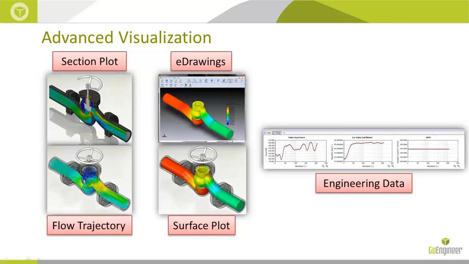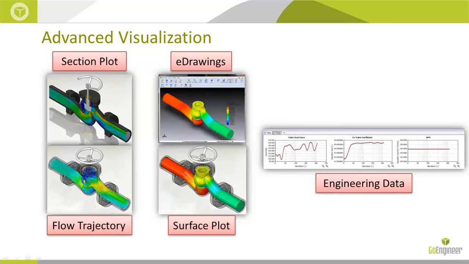As far as post-processing goes, we have quite a few choices. One of the most popular ones is probably the section plot. Right? So you're able to take any slice in 3D space and look at the quantities there. So that could be pressure or velocity, temperature. We also have flow trajectories that model the streamlines of our flow.